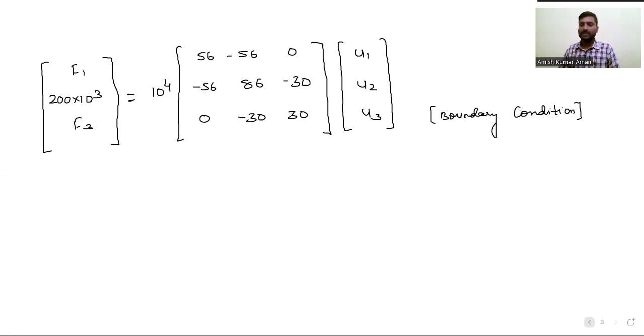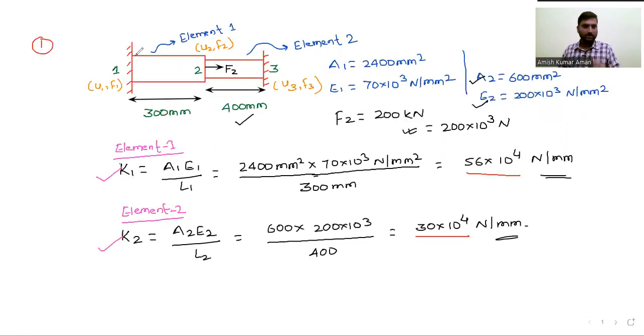At the first node, this is fixed. If it is fixed, it means the U1 value will be 0. If something is fixed, it will not allow any movement, so displacement at this node will be 0.